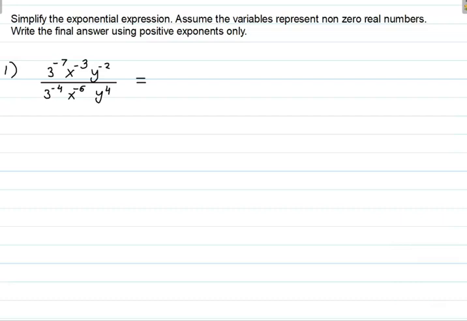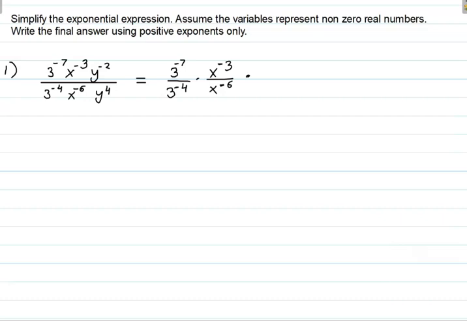So first we separate the like terms and write them like this: x raised to negative 3, x raised to negative 6.